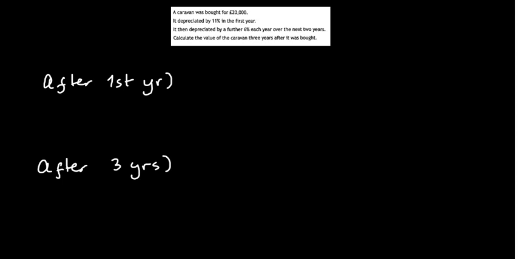So after the first year, the factor of decrease would just be 100 minus 11 over 100, or you can just do it in steps as we did before. So 100 minus 11 is 89, and then 89 over 100 is 0.89. So that would be the factor of decrease.